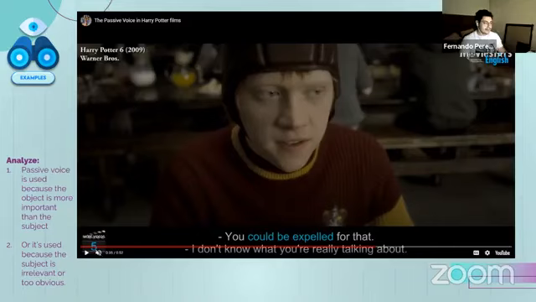There you have it, guys. Passive voice in different tenses. Any question? That's pretty easy. I think you're gonna dominate this very quickly.